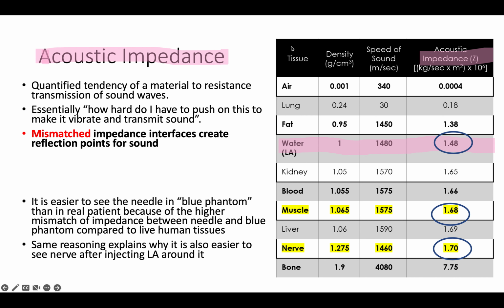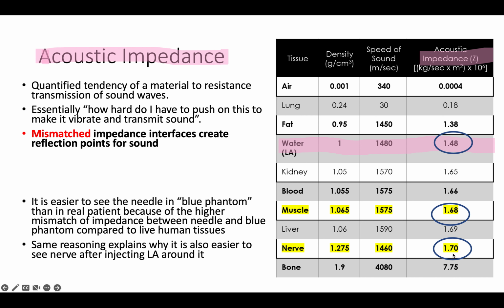Here we have a table where we can see the impedance of different tissues. For impedance we use the letter Z. For example, water, which is the same as local anesthetic, has an impedance of 1.48, while muscle and nerve are close to each other, 1.68 for muscle and 1.70 for nerve.